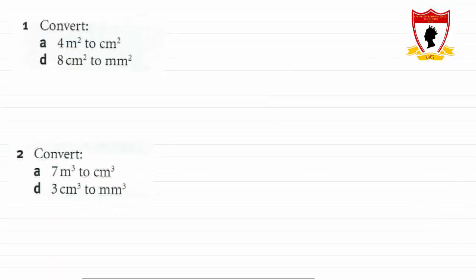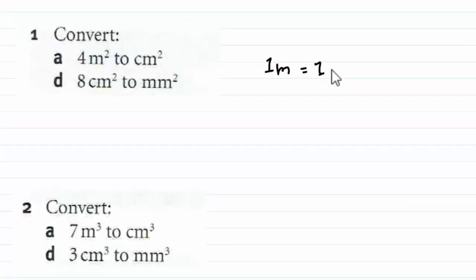Converting square units or cubic units. Firstly, work out 1 meter square is how many centimeters square. Then multiply your result by 4 to get the answer. Usually we know 1 meter is equal to 100 centimeters.